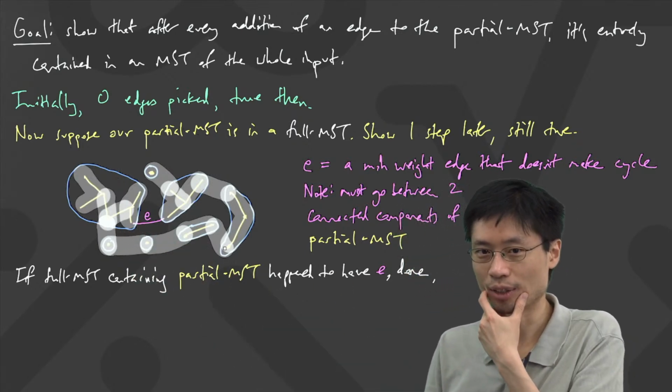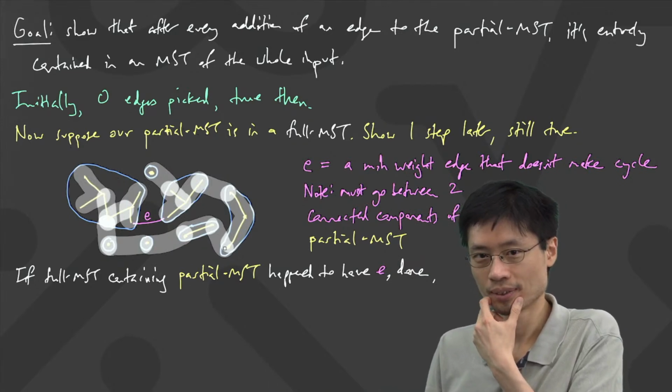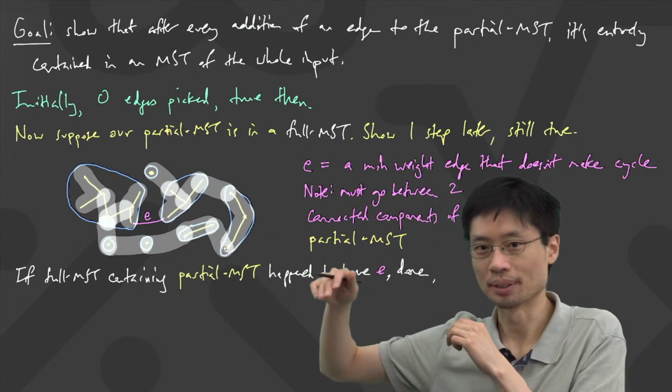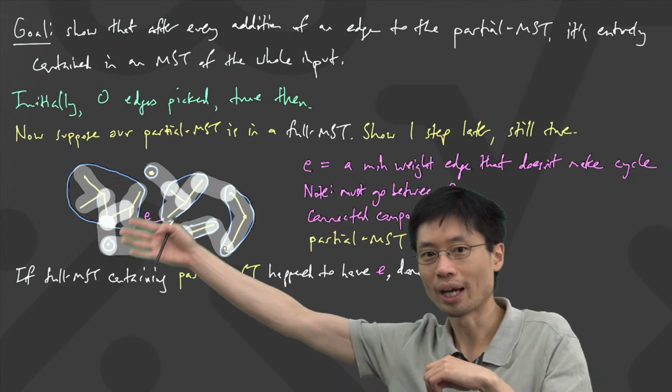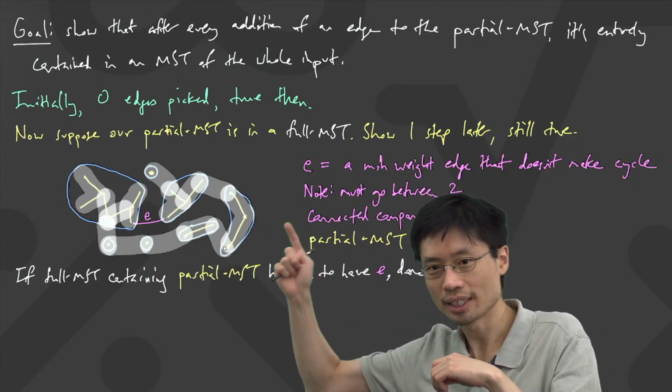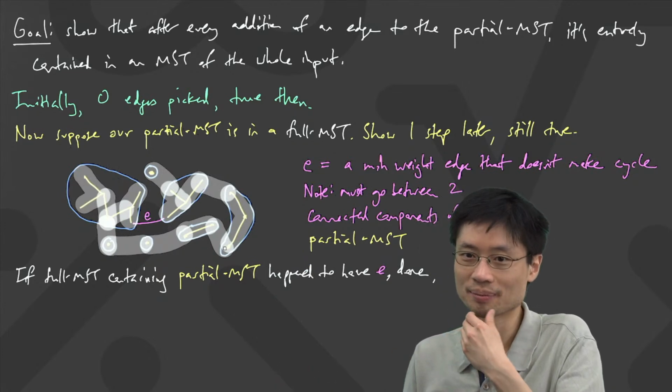Anyone have any ideas of how you might do this? I actually drew out this example on purpose because the question is, is there anything I can do to tweak this white MST so that it contains E instead? And I of course will need to lose something else.